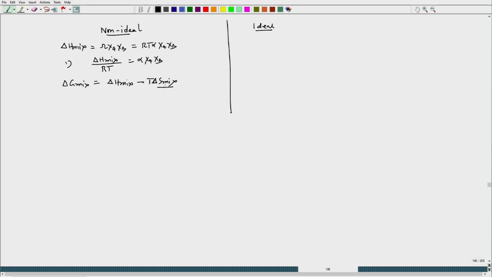This del Smix for ideal as well as non-ideal cases will be the same. So, I can write this as RT alpha XA XB plus RT (XA ln XA plus XB ln XB).